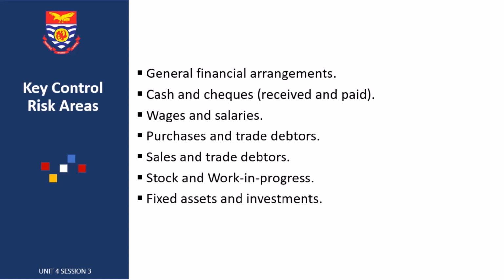You look at the wages and salaries that are paid to the employees of the business. You look at the purchases and the trade debtors, to see the purchases that were made as well as those that goods were sold to on credit. Then you look at your sales and trade debtors as well. Then you look at your stock and the work in progress, any fixed assets and investments. So these are some key control areas that must be looked at when performing the audit.